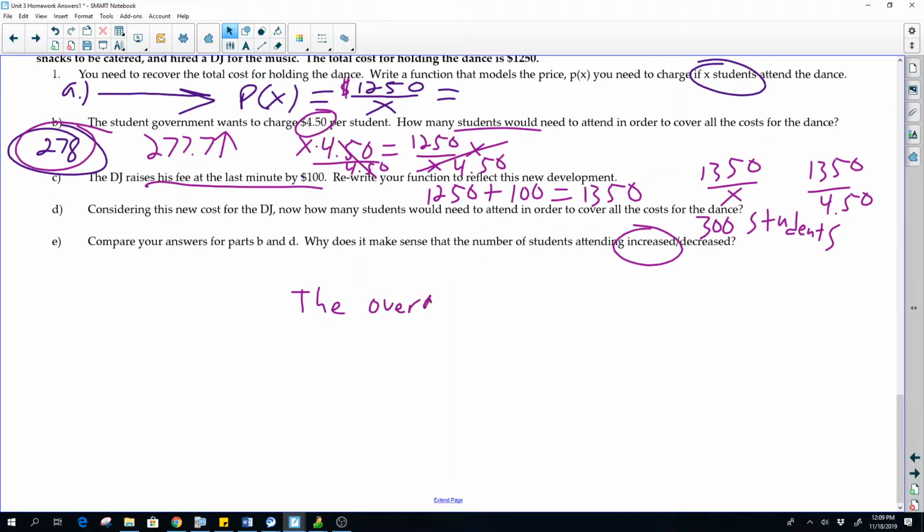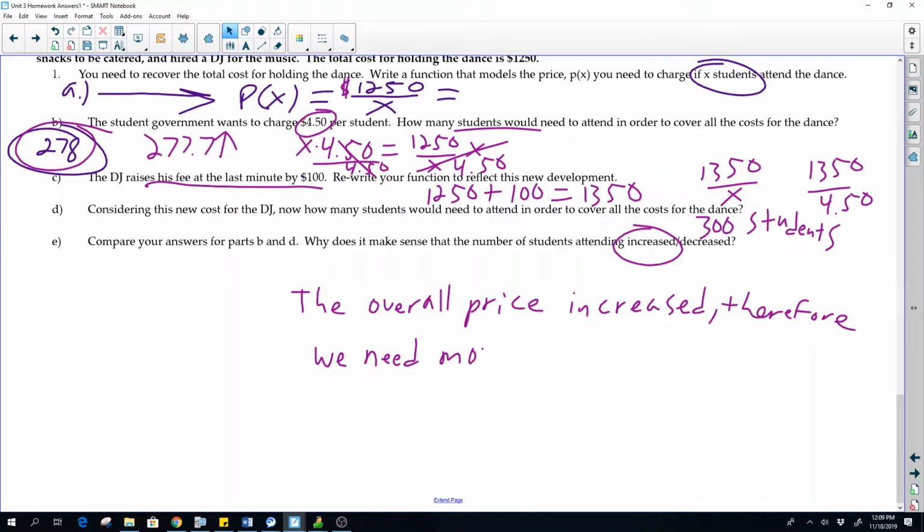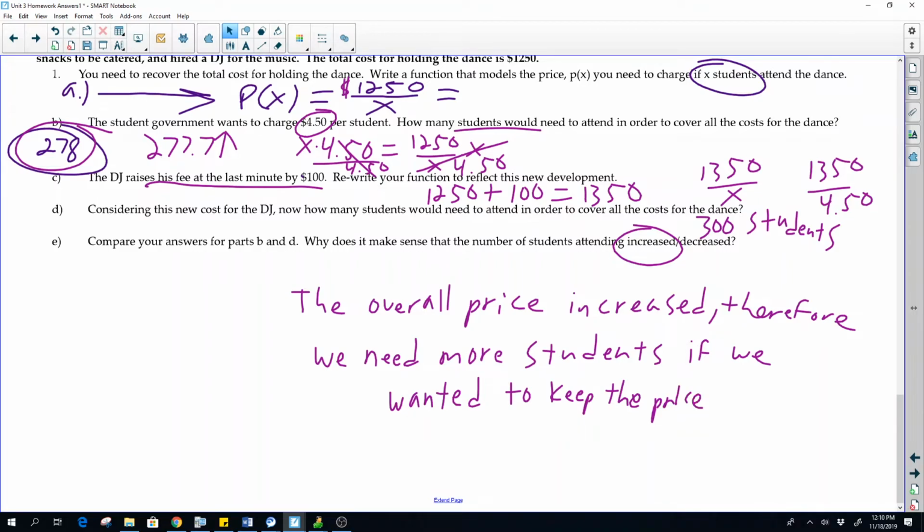The overall price increased. Therefore, we needed more students if we wanted to keep the price at 450, right?